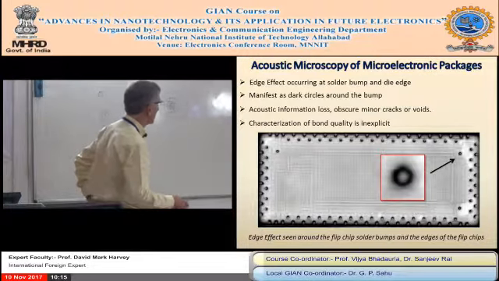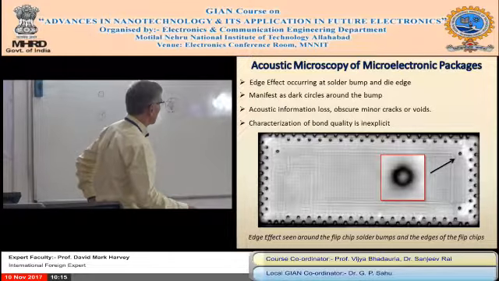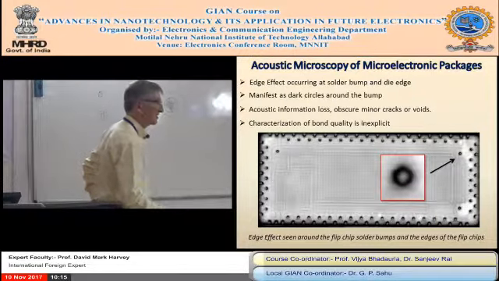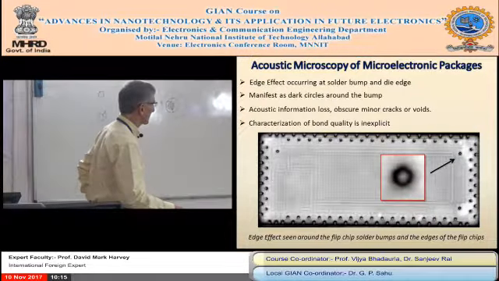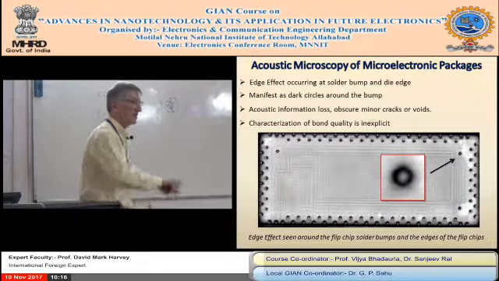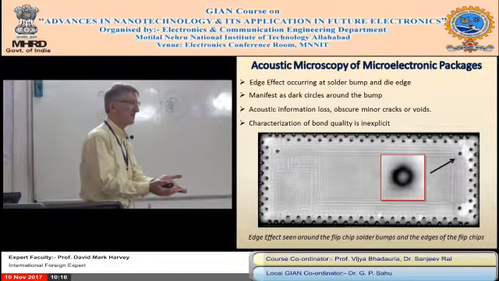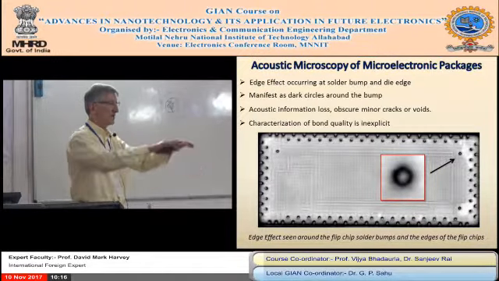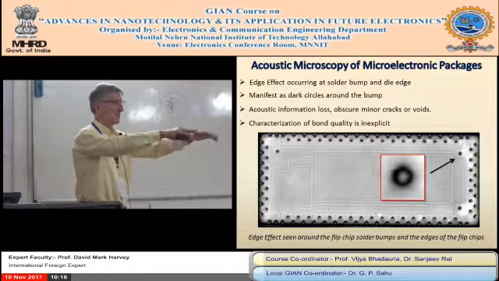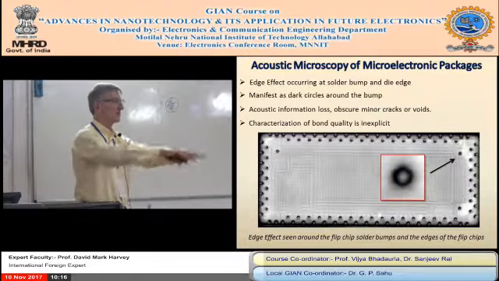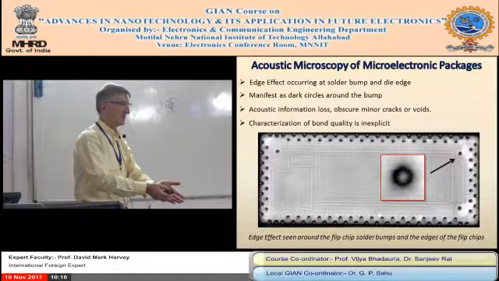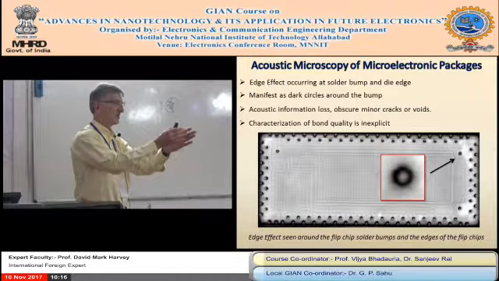So this is the thing we're looking at. So we decided, why is it like this? Why is it like a donut? Really, we'd just like to see the bright spot. We don't want to see this dark spot around the outside. Because the solder ball is curved, we think, it's our proposition, the energy is dispersed around the curved side. Really we just want to see a black and white picture, and the white to come out.